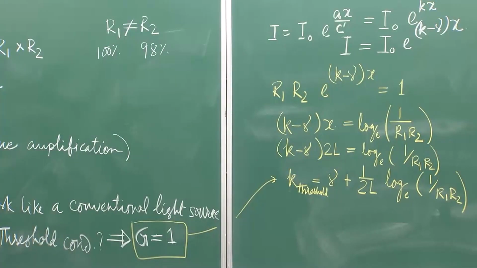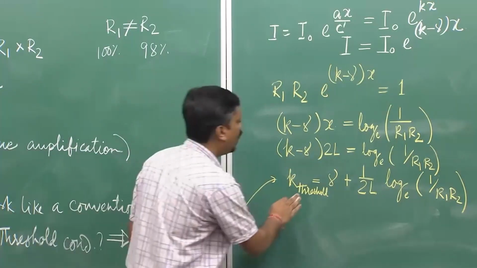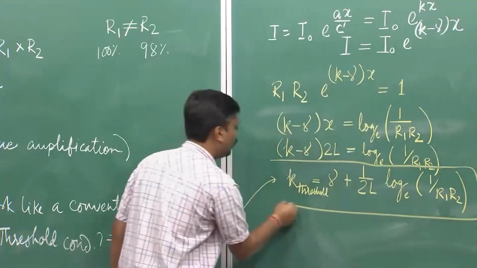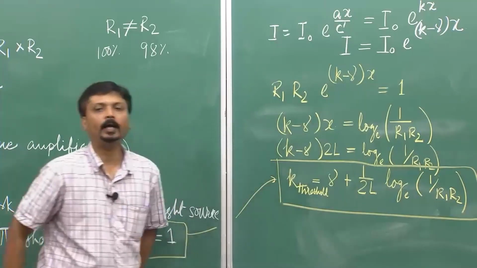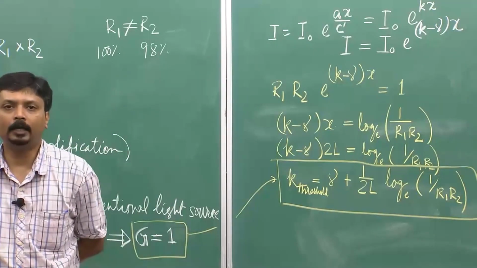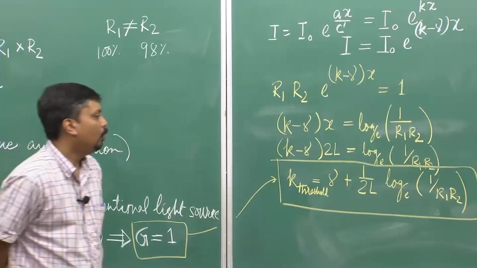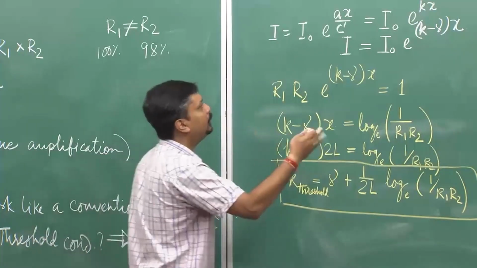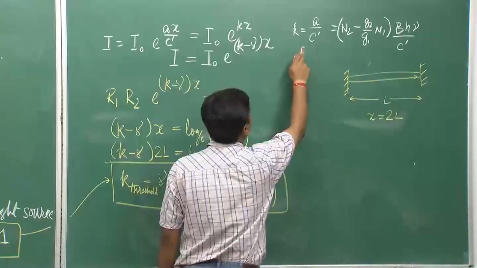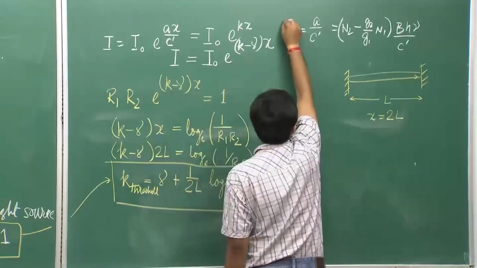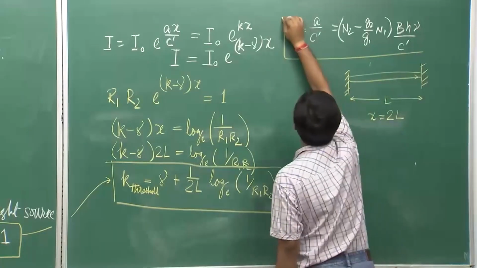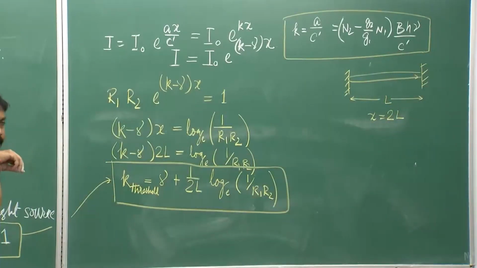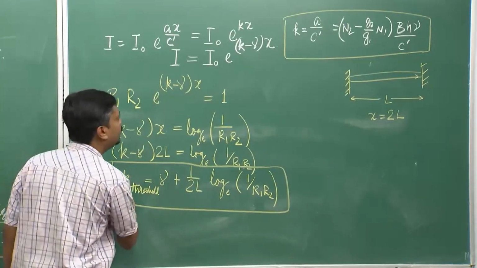Now, what do I need to do so that I finally get a laser output? What I need to do is make sure that this K, which is my small signal gain coefficient, is greater than this one.